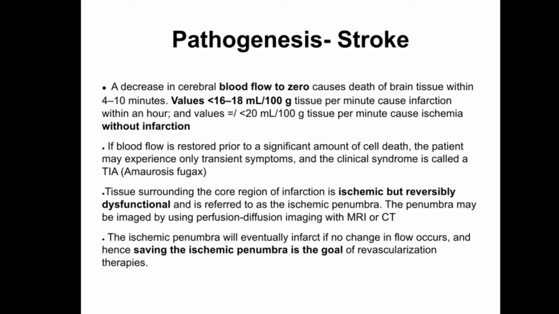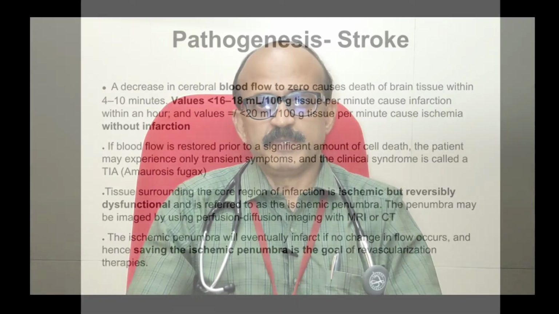Blood flow is restored with treatment or without treatment within 24 hours. The picture will completely disappear and we call it transient ischemic attack, TIA. And when it affects the retinal vessels, TIA affecting the eyes, we call it amaurosis fugax. Then, the goal of treatment in ischemic stroke is saving the area surrounding the infarct.